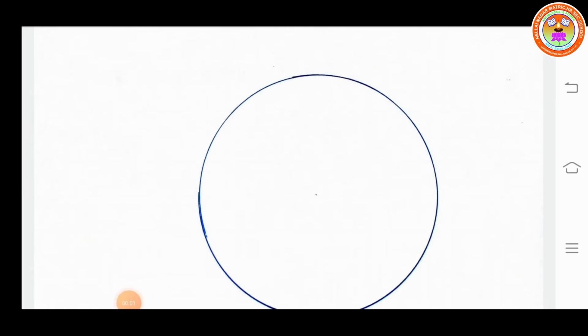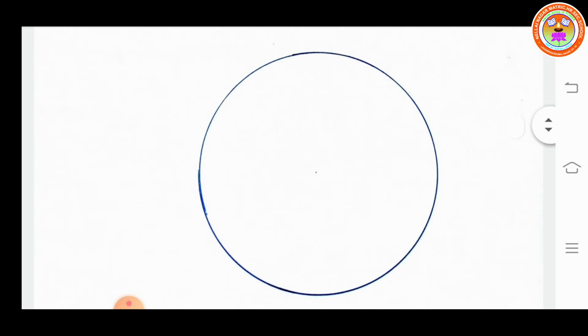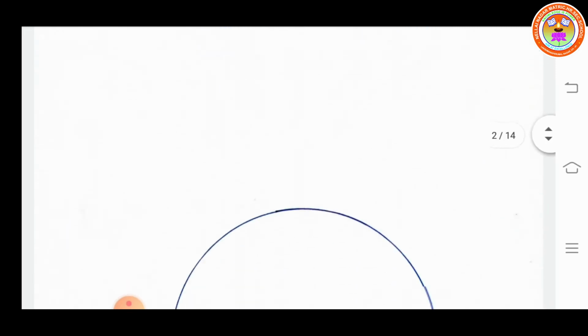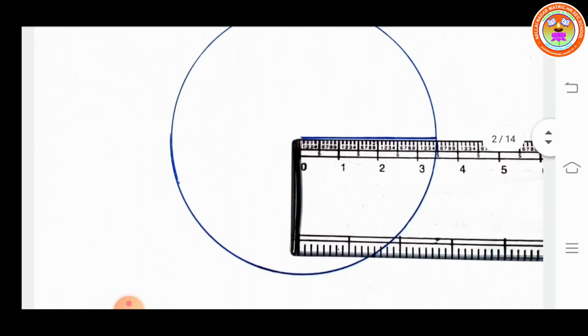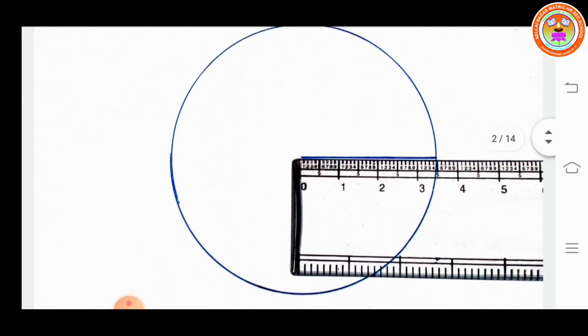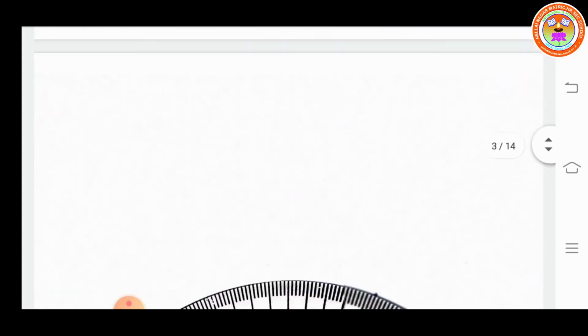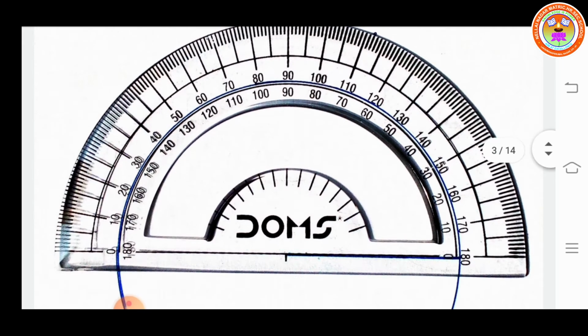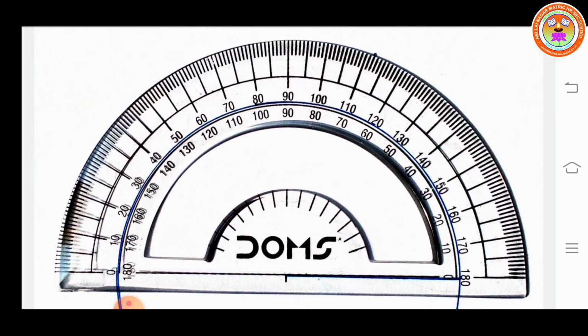Now, let us see how to draw the pie chart. First, we have to draw a circle of any radius like this using the compass. Then the next step, we have to draw the horizontal radius like this by using scale and pencil from the center. Then the first component angle is 68.4 degree.